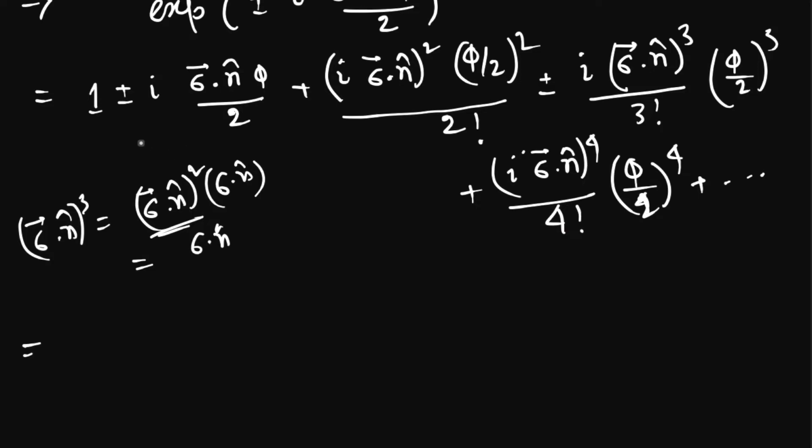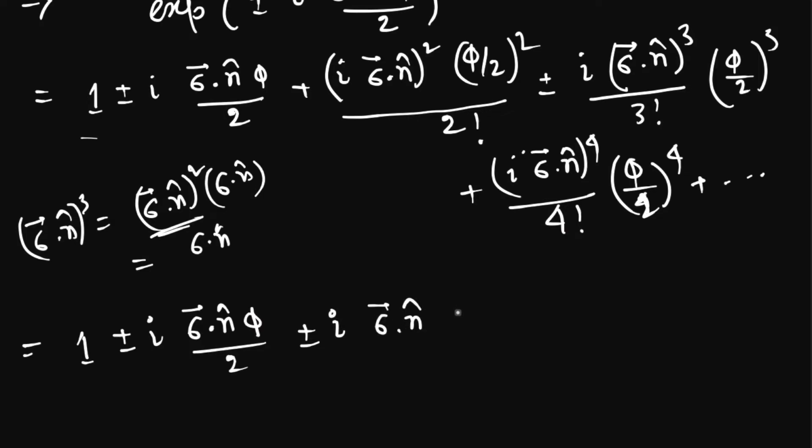That means this series can be simplified to 1 plus minus i sigma dot n cap phi by 2 plus minus i sigma dot n cap phi by 2 whole cube by 3 factorial, plus minus dot dot dot.